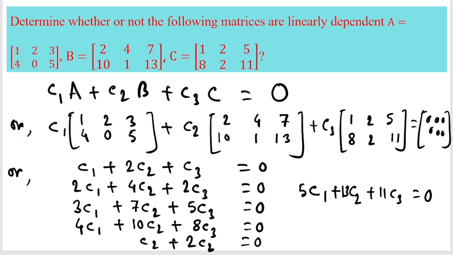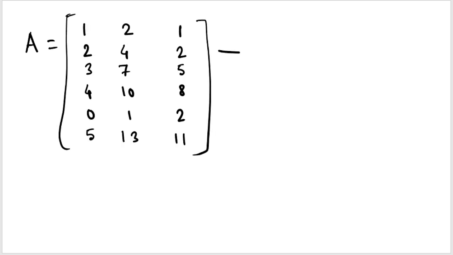So for that we'll consider the coefficient matrix. Now here, instead of using row elementary operations, I will use column operations, and that will give me an easier and quicker solution.